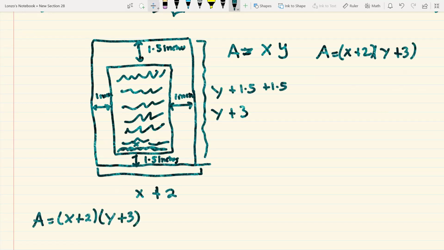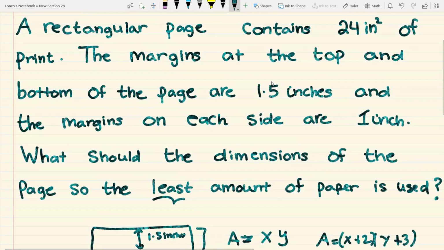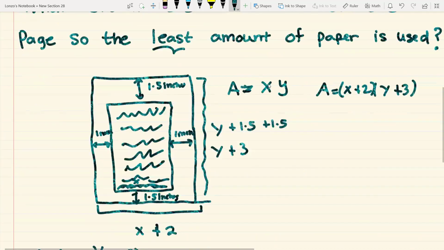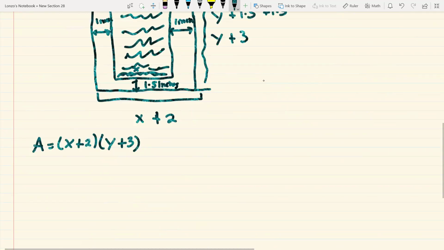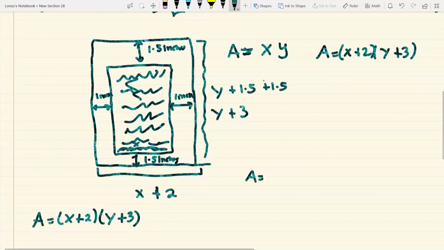Okay, then what else do we know about this problem? It says a rectangular page contains 24 inches squared of print. So the writing area has an area of 24 inches squared.